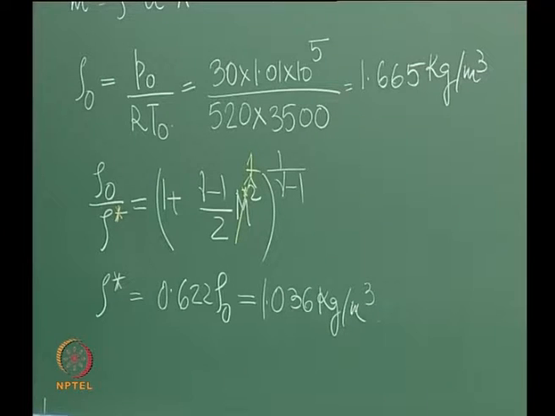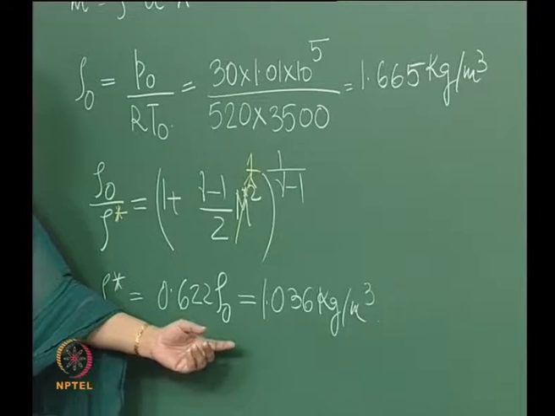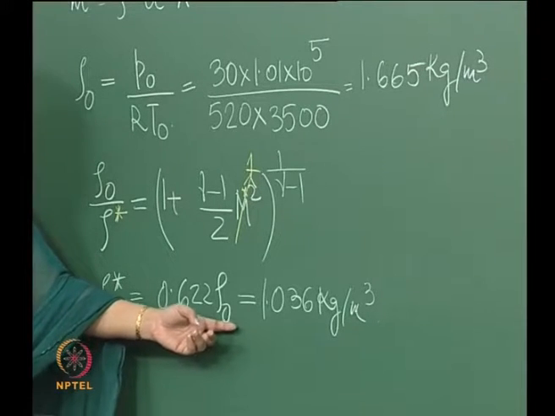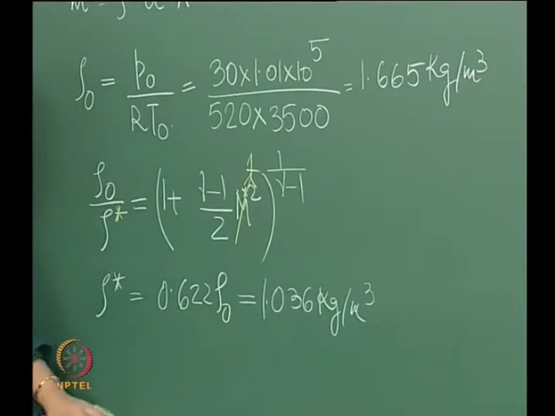I get the density at the throat to be 0.6 times the density in the combustion chamber, which comes out to be this.